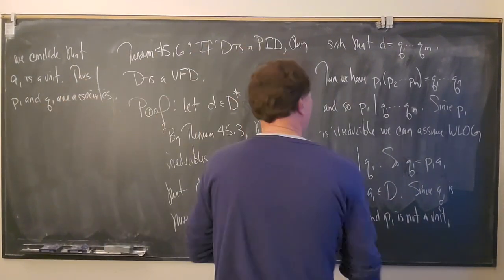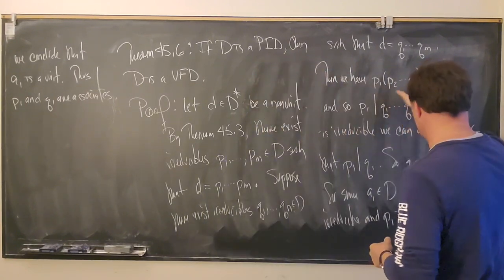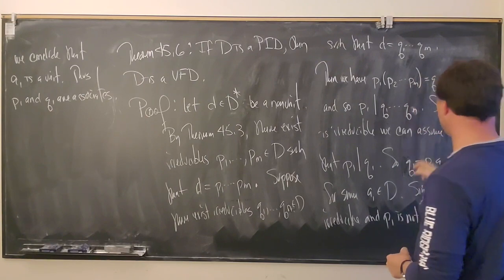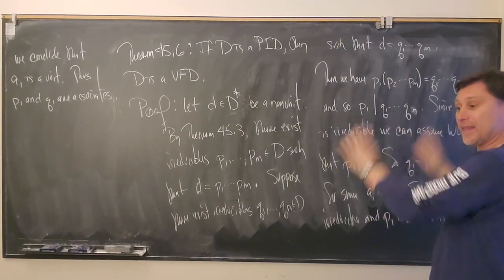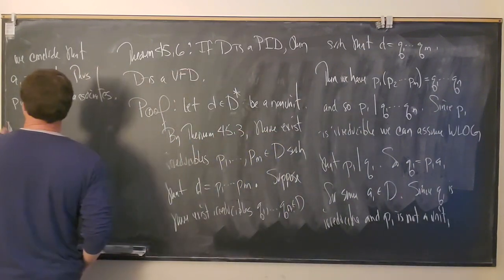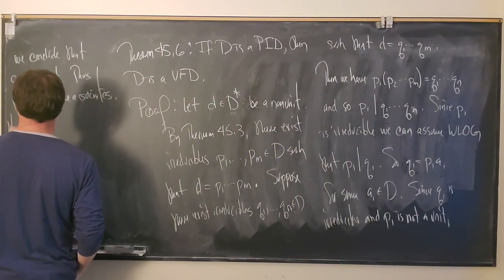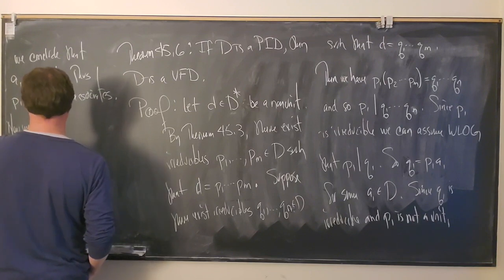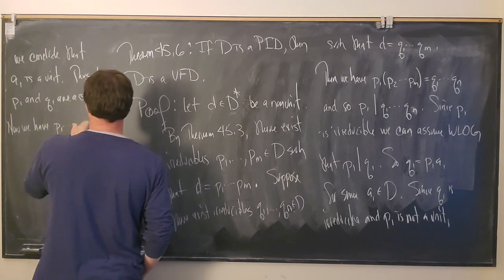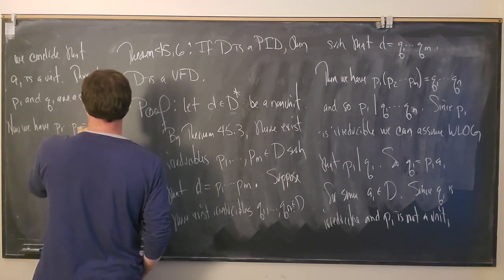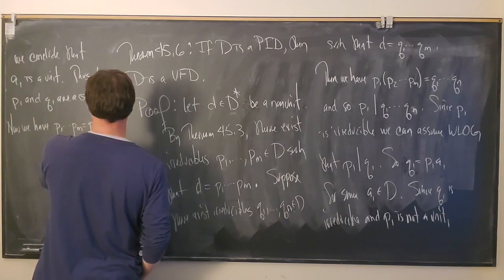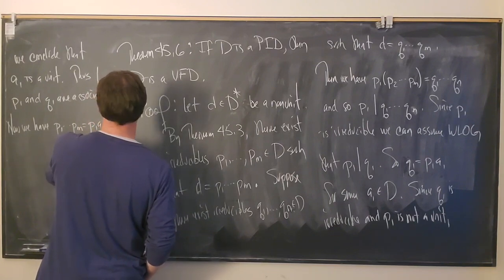All right, so now in this equation right here, we could substitute for Q1. We'll have Q1 equal to P1 times A1 and then cancel the P1s. So now we have P1 dot dot dot Pm equals P1 A1 Q2 up through Qn.